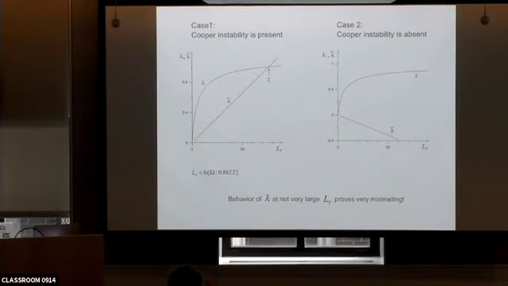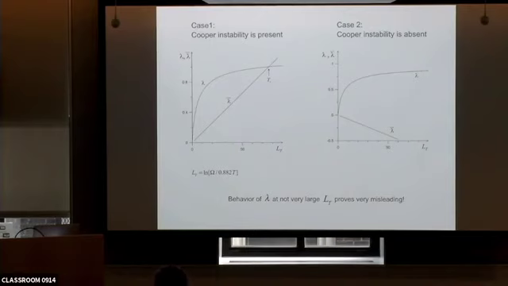Right. So that's the bottom line for this model. If we take the bare lambda, if we just solve the bare problem for the eigenvalue, we see absolutely no difference between Cooper unstable and Cooper stable cases. So this case is Cooper stable.